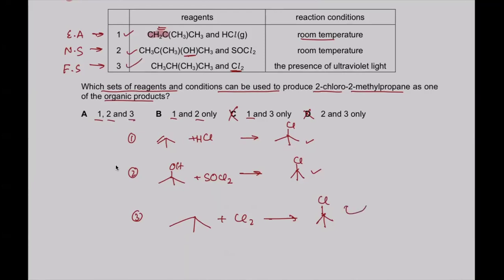So B goes wrong and A is the correct answer. I think it's understandable. Yeah, because in free radical substitution there are all the possibilities, we can't control. Any one of the hydrogens can be displaced to give the product. So we can get this product, because they are saying it can be used to produce it as one of the organic products. Yes, so one of the organic products can be formed in all 3 reactions.